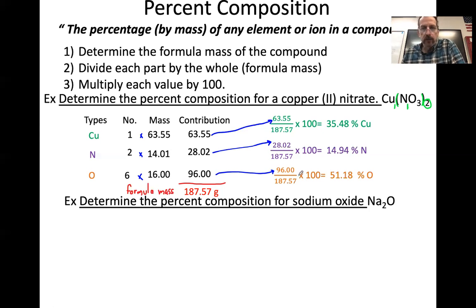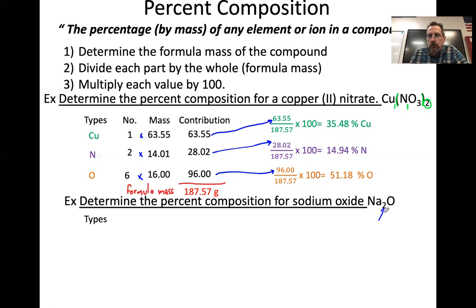So notice oxygen is the highest percentage because oxygen contributes the greatest mass to the whole. Oxygen contributes 96 out of the 187.57 grams.